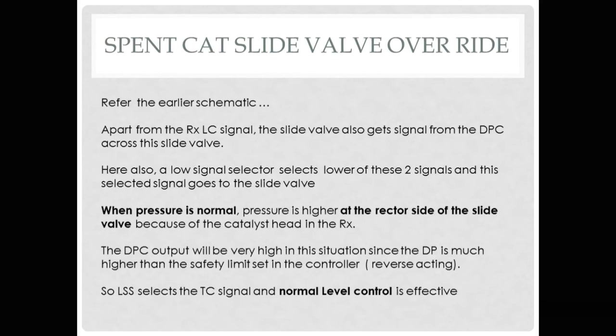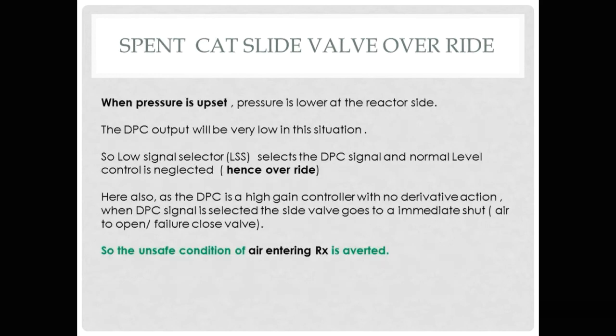Normally, due to the head of the catalyst in the reactor, the output from the DP controller will be very high, and hence the low signal selector will select the signal from the level controller, and hence the action will be a simple PID controller's action.